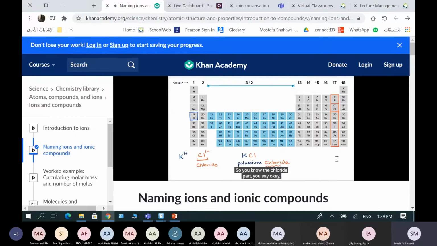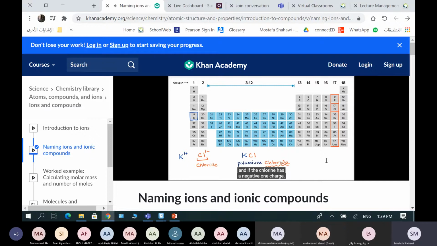So you know the chloride part, you say, okay, this is going to be an anion because instead of writing chlorine, which is the name of this element, I wrote this IDE at the end to say, hey, this is an anion. So I know that this is the chlorine anion. This is chloride. Why didn't I do something similar for potassium? Well, the way the convention works is if someone says potassium chloride, you know you're dealing with an ionic compound.